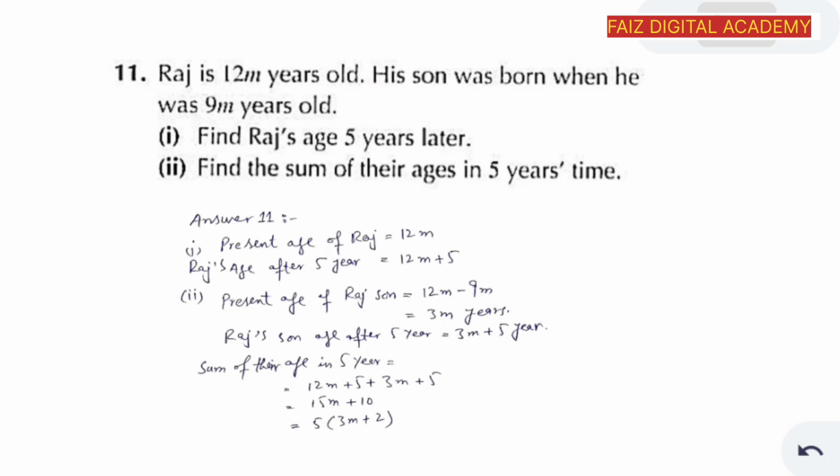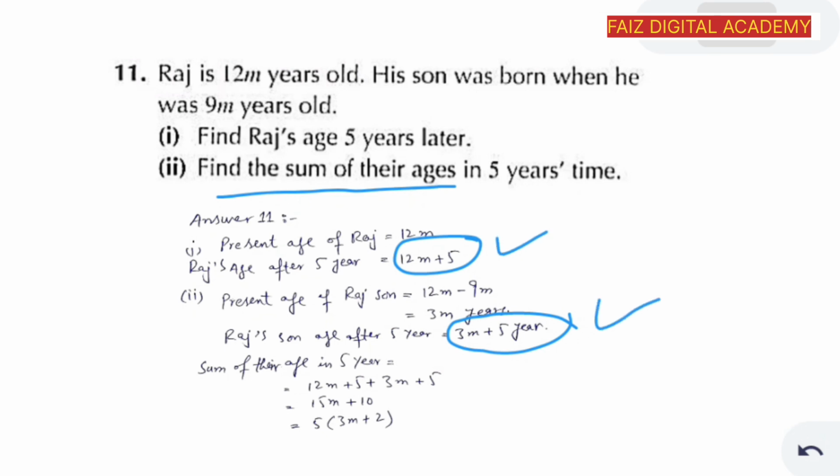So now we know the age of Raj after 5 years, and we also know the age of Raj's son after 5 years. As per the condition of the second part, in which we have to find the sum of their ages after 5 years, we now just have to add these two numbers.